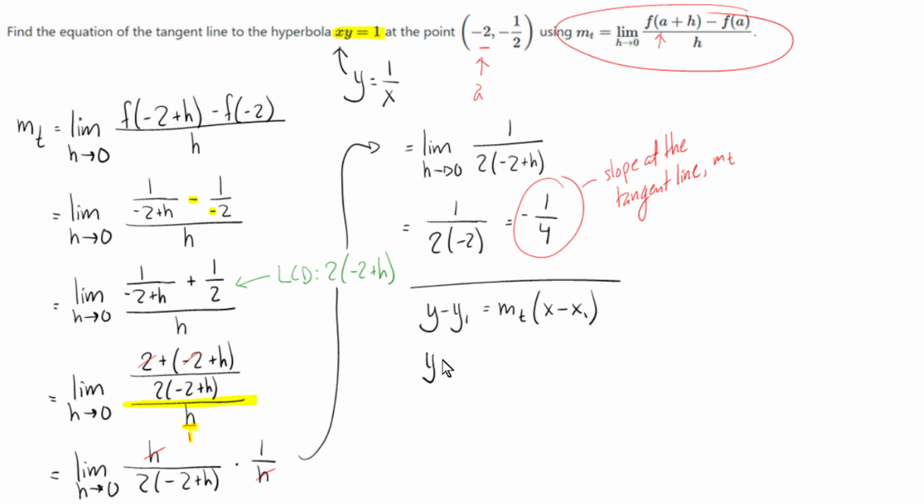So y minus the y coordinate, which is negative half, so it becomes plus a half, equals the slope, negative 1/4, times x minus the x coordinate, which is negative 2, so it becomes plus 2. This is the equation of the tangent line in slope point form. The question doesn't specify whether we should write this in slope point form, slope y-intercept form, or general form, so for this purpose, this is fully sufficient.